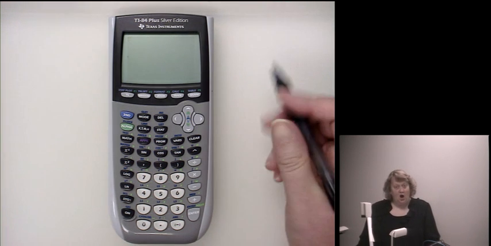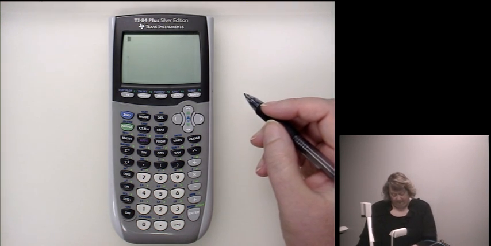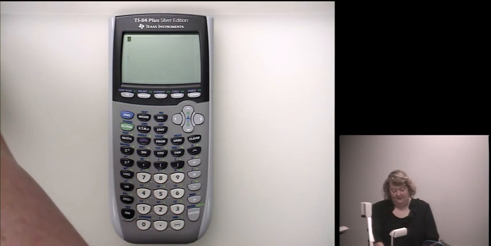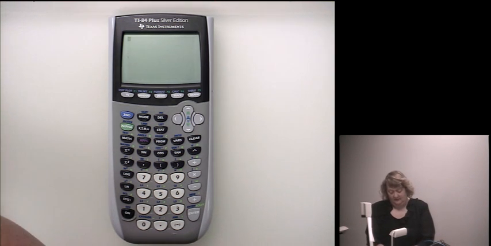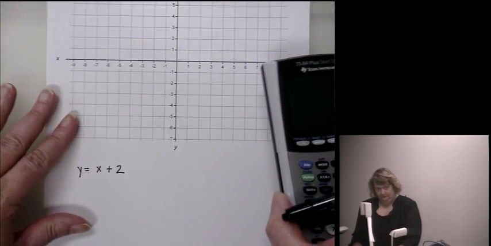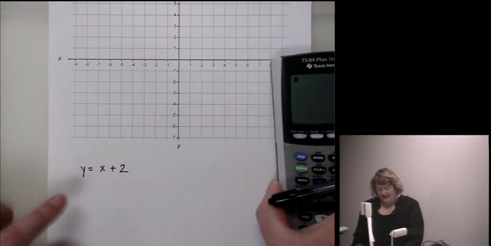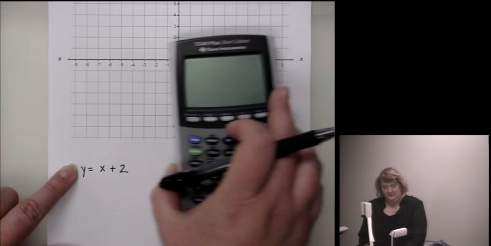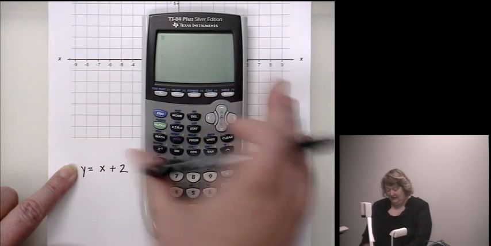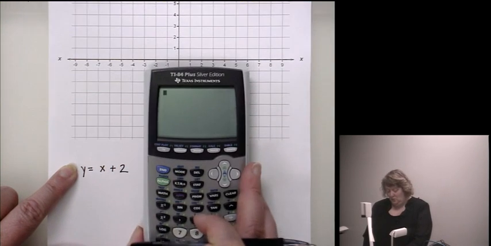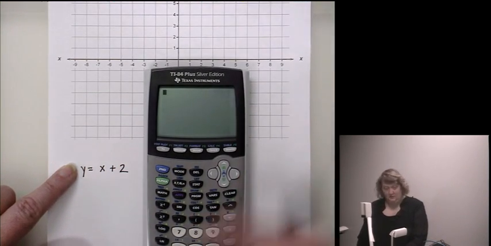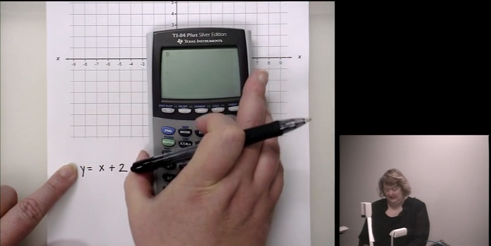Now, to begin our graphing, let's take our first example. And we wish to graph the line y equals x plus 2. So we're going to take our calculator. I'm going to pull it down a little bit because we're not going to be using our number keys quite as much.